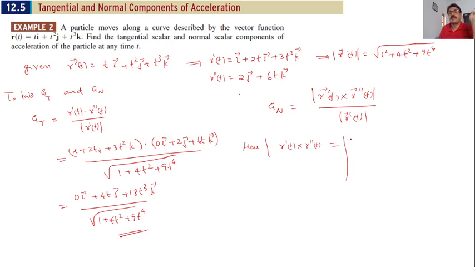is written as a determinant with i, j, k, and the components of r dash t are 1, 2t, 3t square, and those of r double dash t are 0, 2, 6t.